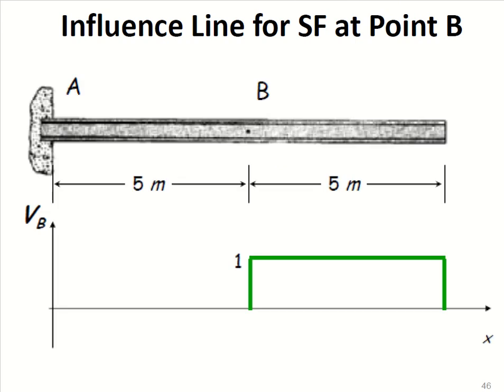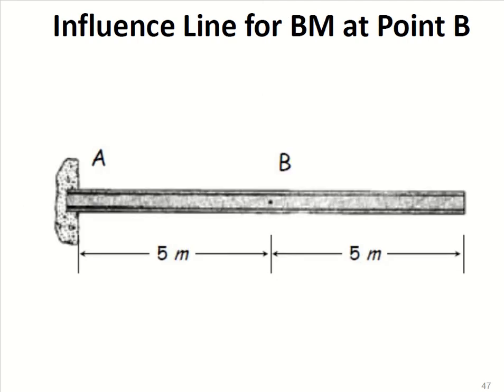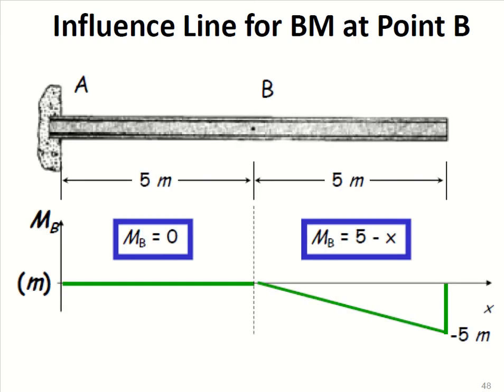If point B is resisting the load, this will be the shear force in the beam. Similarly, the influence line diagram for bending moment at point B. Up to here the bending moment is 0, and it increases from point B.